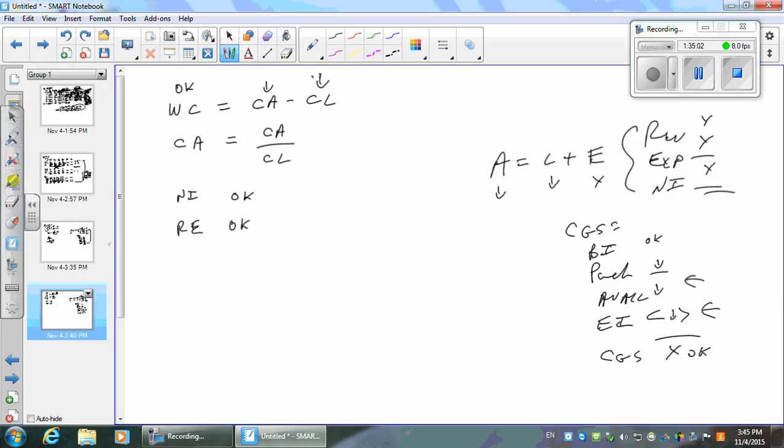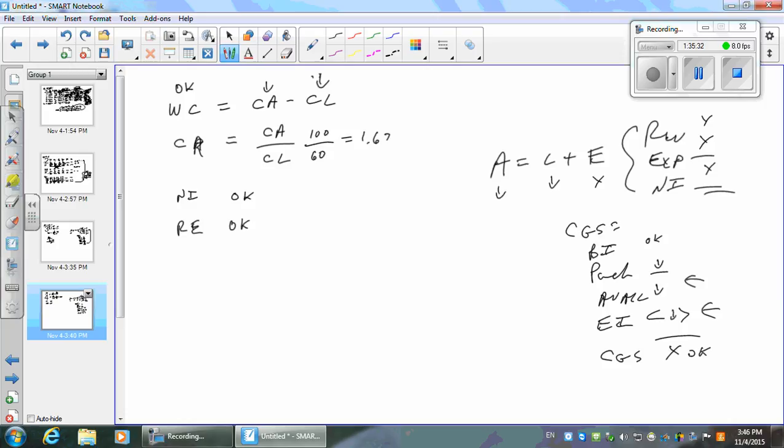Is that going to be true of the current ratio? No. Let's say this was 100 and this was 60. What's my current ratio? That's a CR, not a CA, of course. What's the current ratio? 1.67.